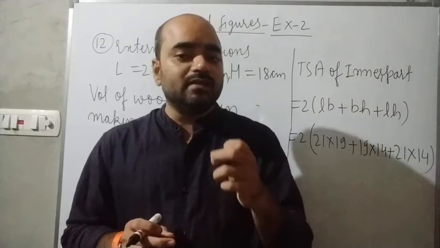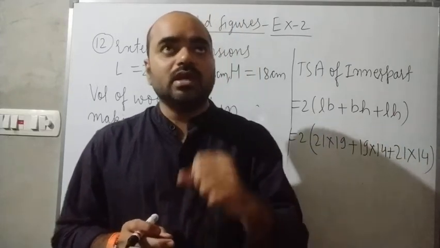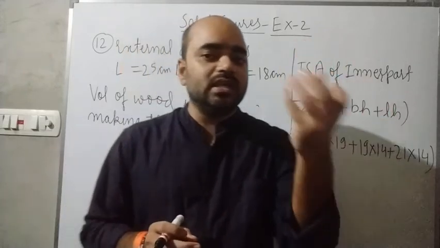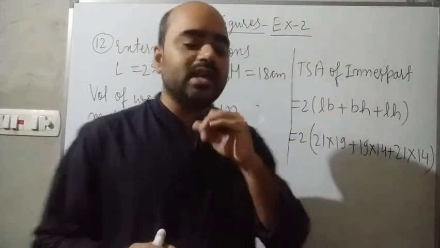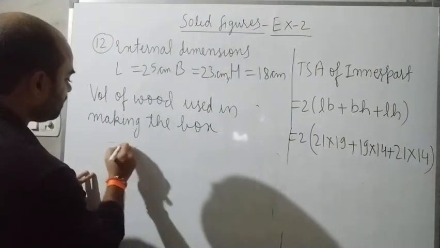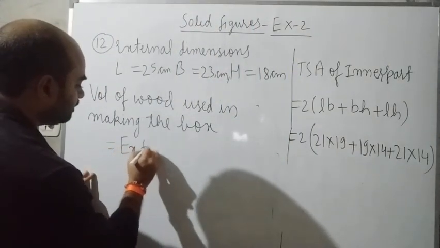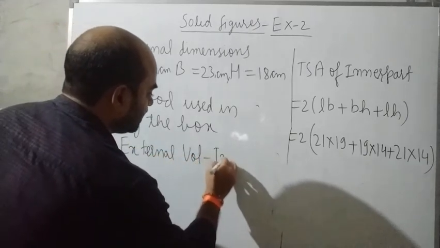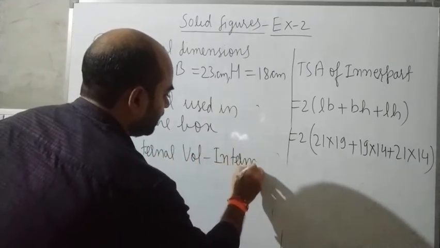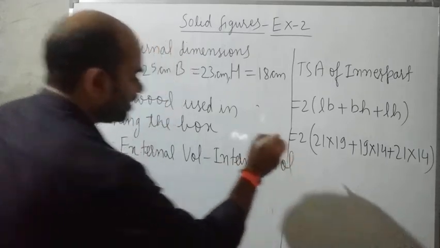But we have to find the volume of material, the volume of wood. And you can see in the wooden box or in the room, material is present only in the faces. That is why the formula is external volume minus internal volume.